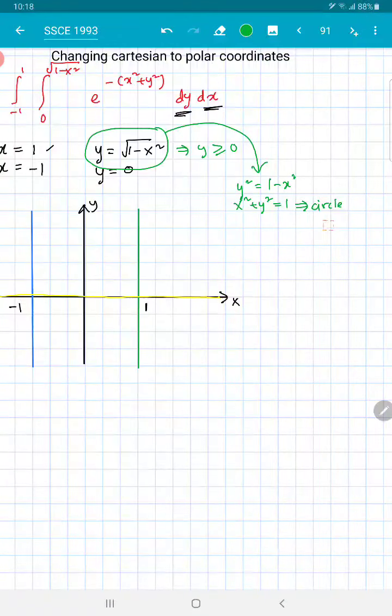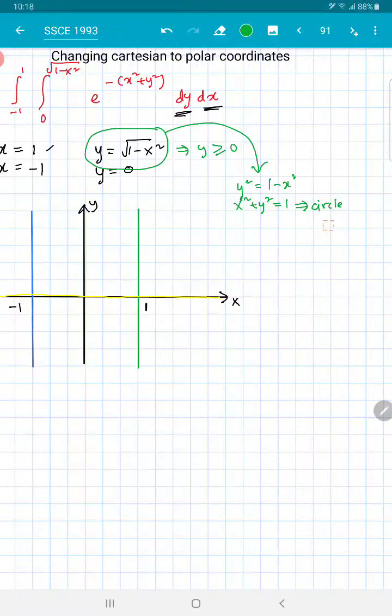Now let's evaluate this. For a double integral, we have to evaluate the inner integral first, which is this one. So we're going to integrate with respect to r, and here we're going to use the substitution method. Let u be r squared, which means that du is 2r dr, and here we have r dr, so that will be replaced by du over 2.